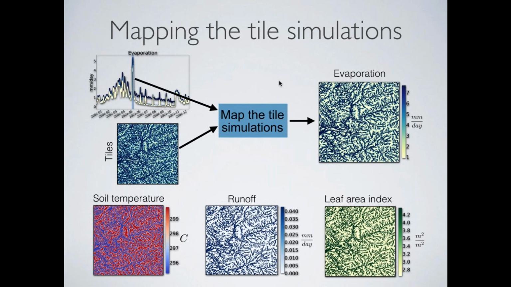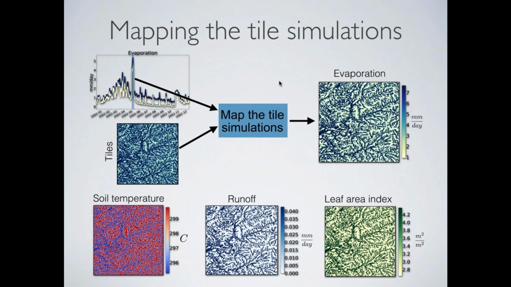One of the consequences of doing this is that when you have these 4 tiles, or n tiles, and different time series for each one, you also have this map. In clustering this information, you've created a 30-meter mapping of the clusters in space. So you can actually take a time step. Here it's a day in May of 2002. Just take the values for the 4 clusters or tiles and map them out.